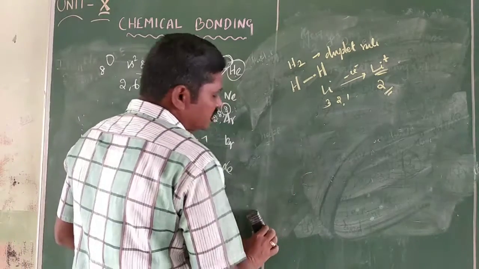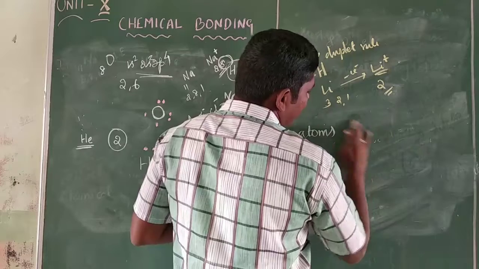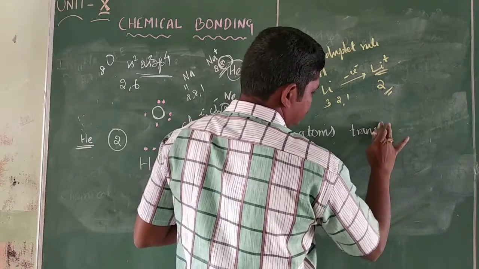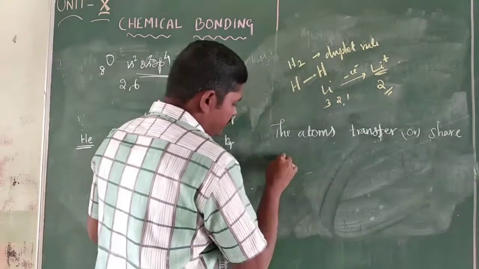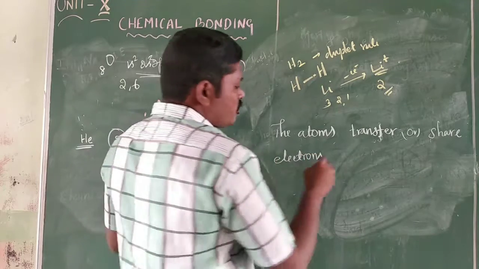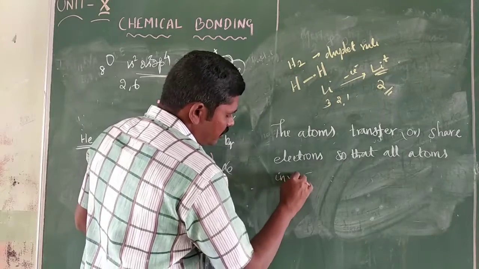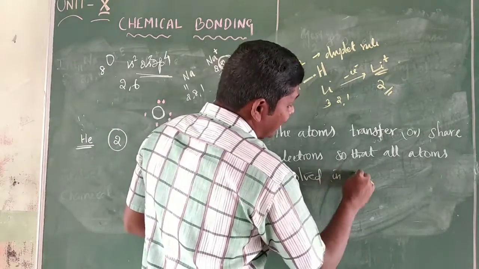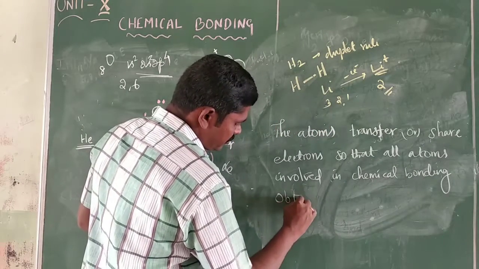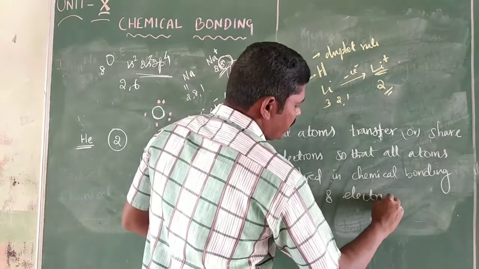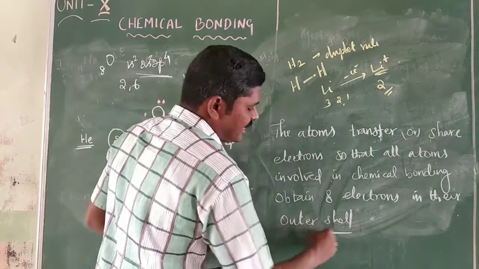Okay, so define octet rule. The atoms transfer or share electrons so that all atoms involved in chemical bonding obtain 8 electrons in the outer shell or valence shell.